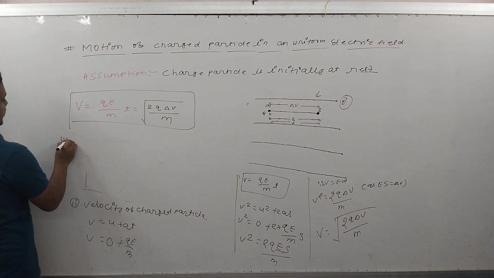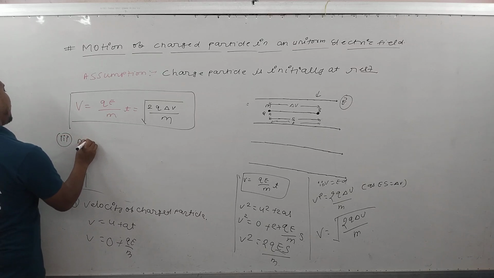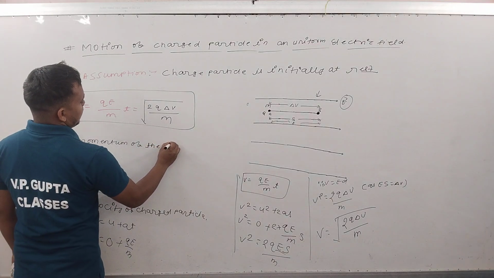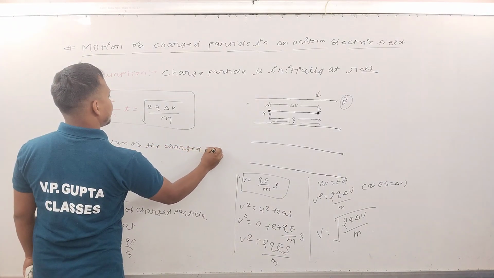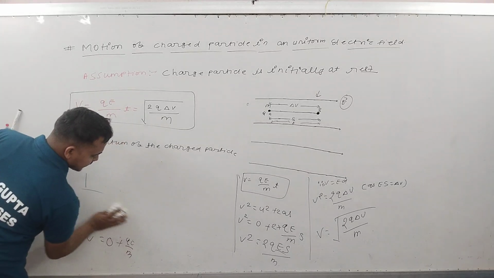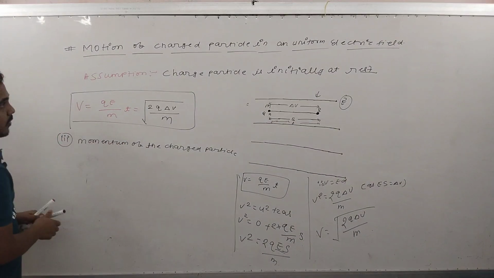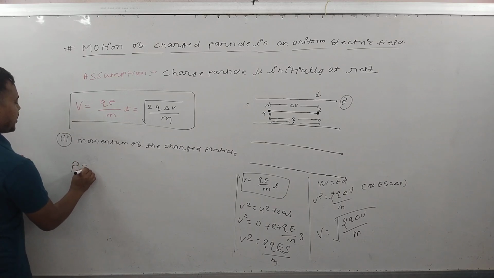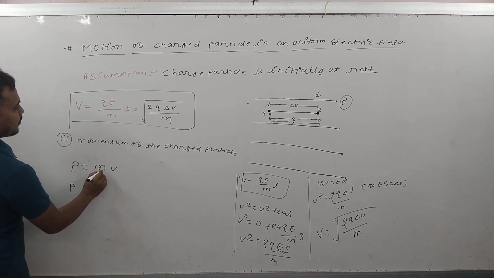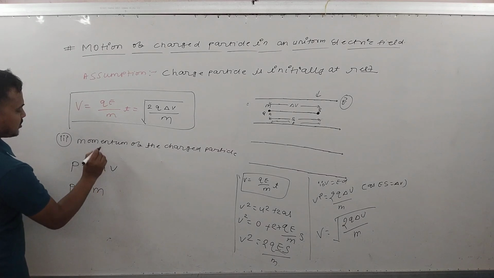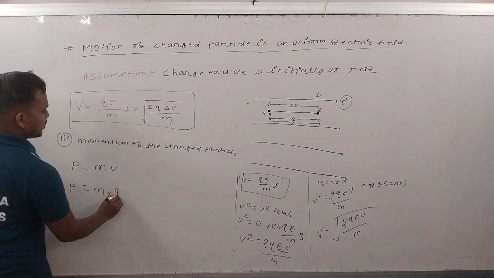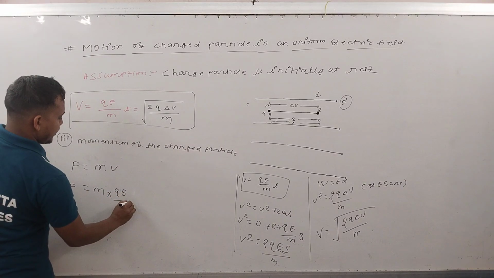As we know, the usual formula for momentum is p = mv, where m is the mass of the charged particle, and the velocity in terms of time is equal to qE by m into t.